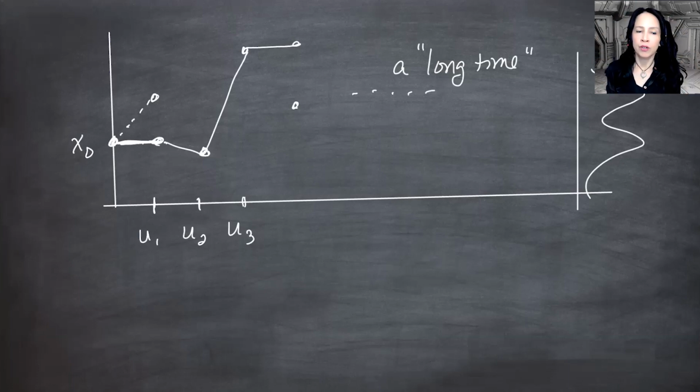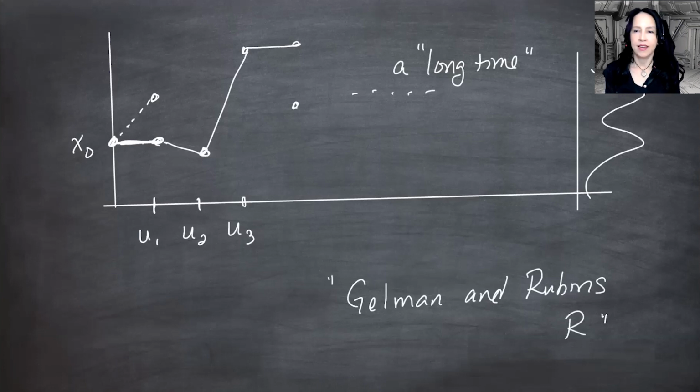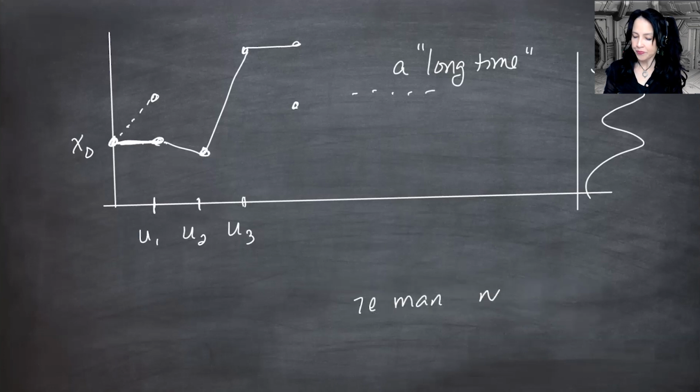So before the end of this semester, I do want to show you a diagnostic for assessing convergence on the fly. Don't write this down, we're not talking about it today, but it's called Gelman and Rubin's R statistic, and it's a pretty neat thing that can apply to a lot of problems.